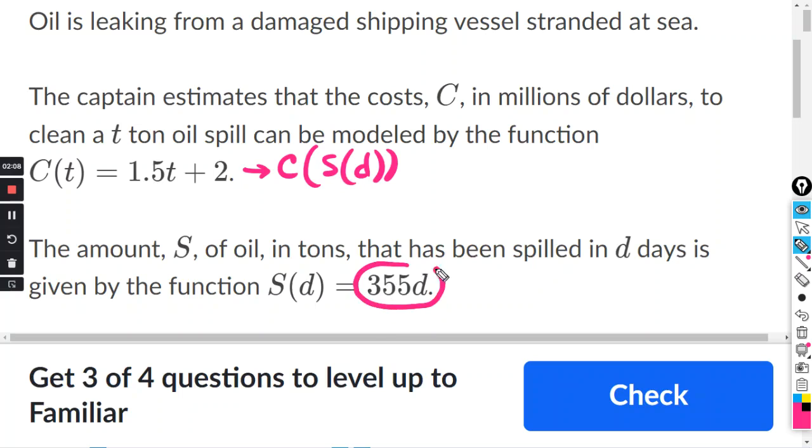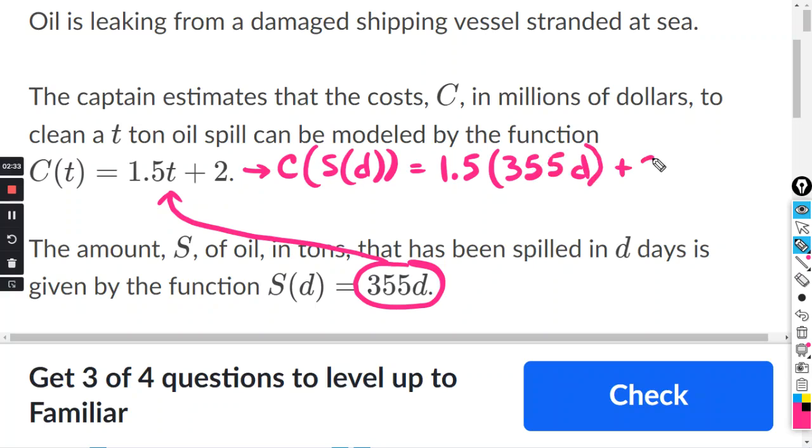I'm just going to take this expression and plug it in place of T. Okay, so we have 1.5 times T, which is 355D, and then plus 2. Close the parentheses and then plus 2.